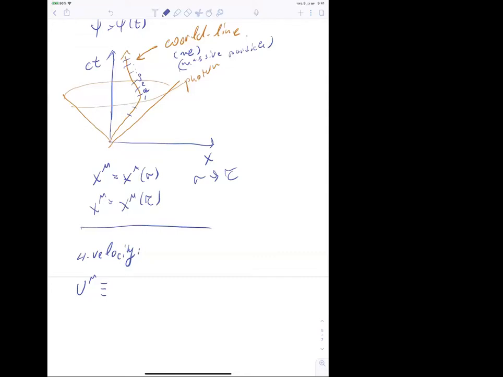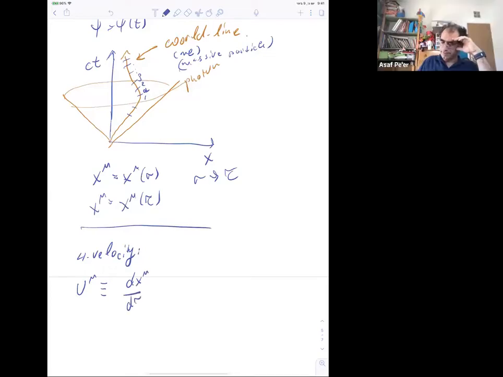The derivative of the 4 vector? Yeah, with respect to what? Proper time? Of course. Very good. Now, again, similar to all other vectors, U mu is defined at any given location along the world line.